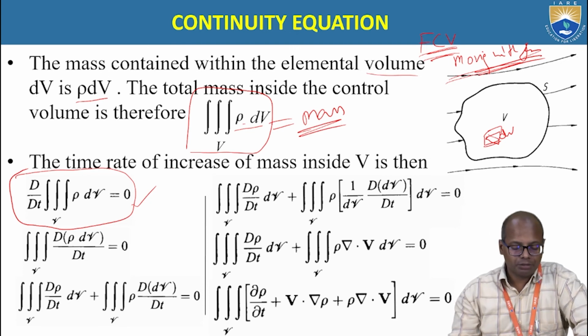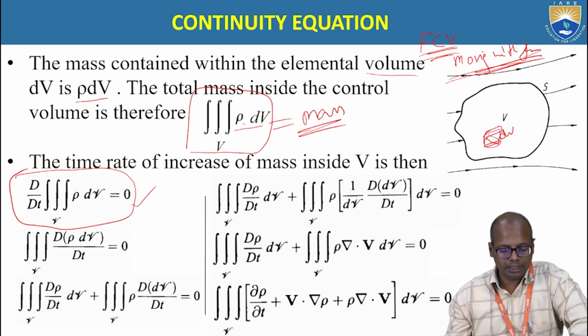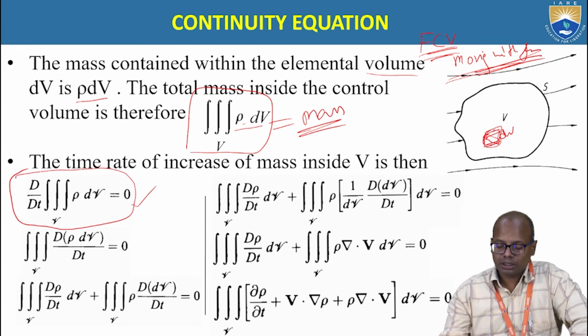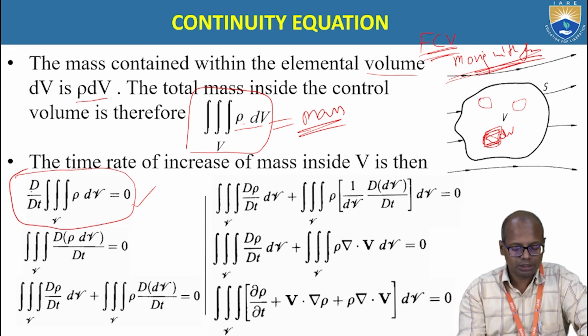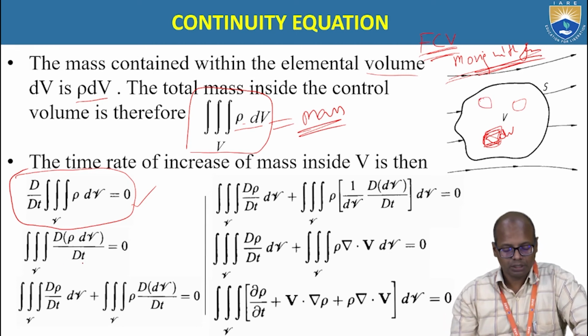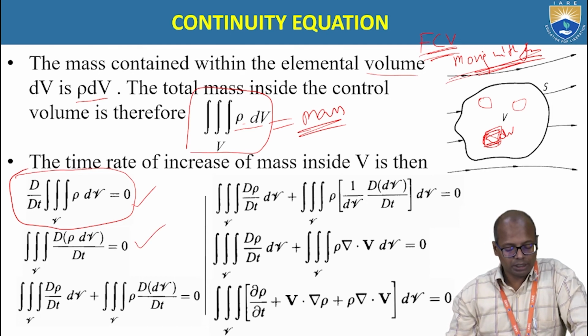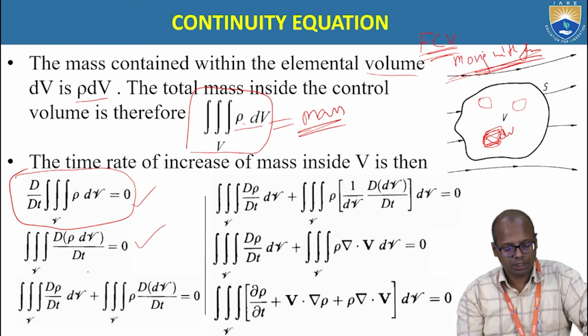Now, the change in mass of the entire volume is equal to the change in mass of the elements inside, so I am taking this differentiation inside. Then I am applying the UV rule again here, since rho is there and dV is there.